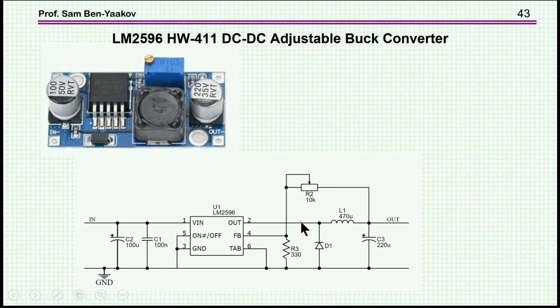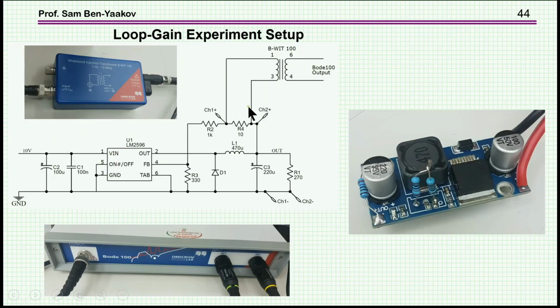Here is the feedback, this is the resistance ratio. This is the variable adjustable controller. What we did here is we replaced it with fixed resistors. Here you see the fixed resistors. One is 10 ohm and one is 1 kilo ohm, so that we have a certain voltage at the output depending on the reference inside.